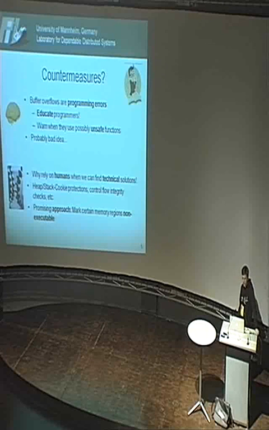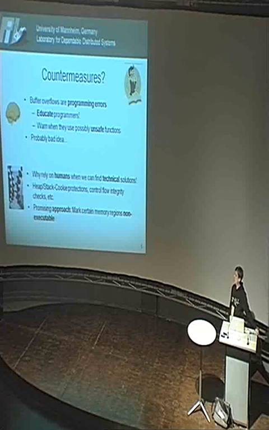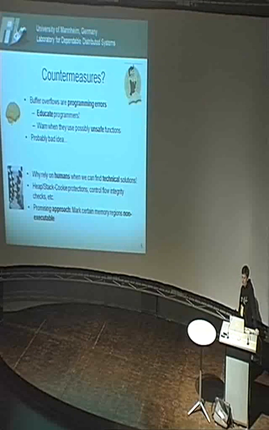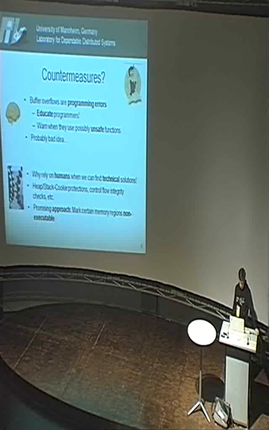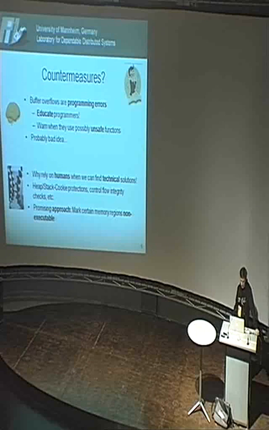There were also control integrity types of protections, but in the end, they all have the shortcoming that they have some negative impact on performance, and you definitely do not want this to happen. However, there has been one promising approach, which has also been introduced in the keynote, which is the non-executable approach.